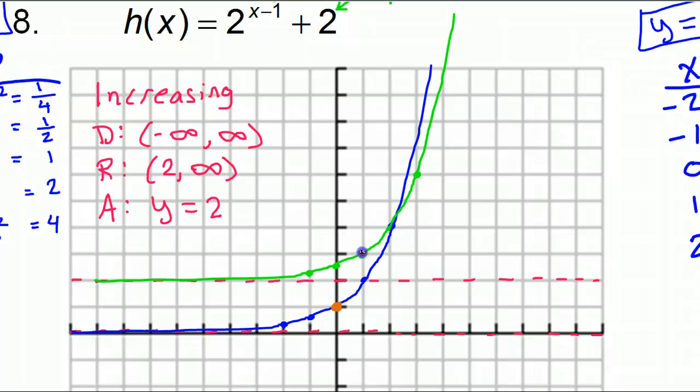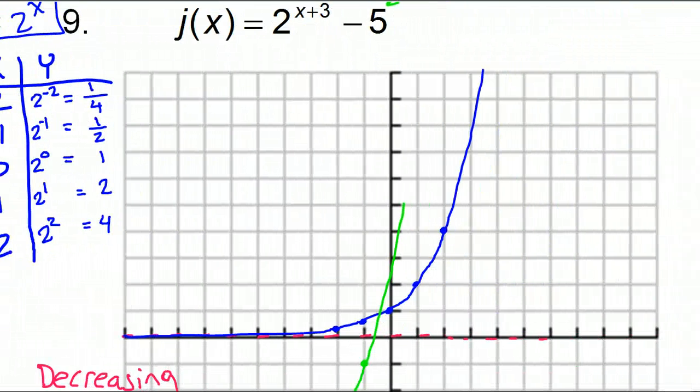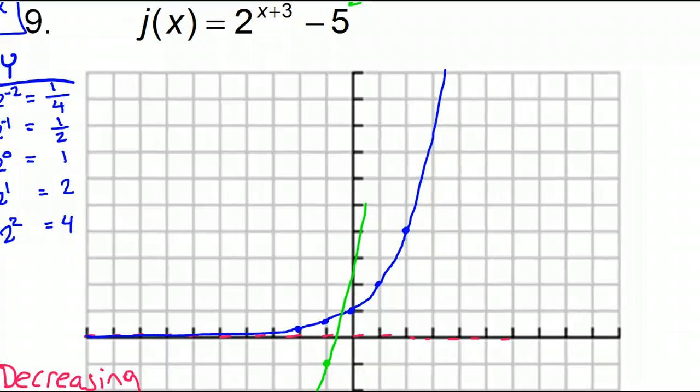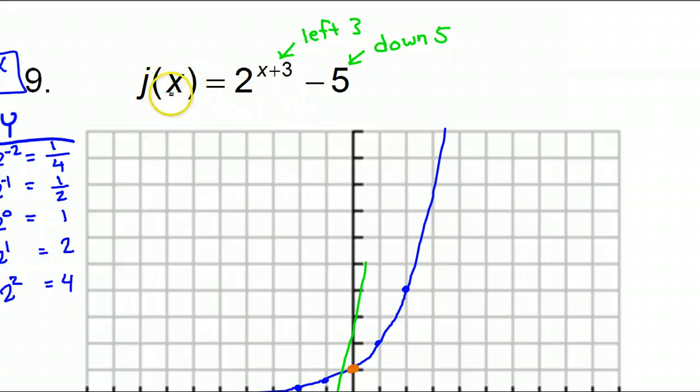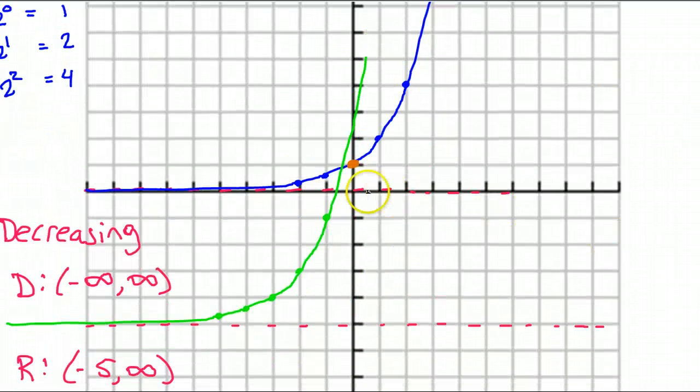So that point is now right here, at the point 1, 3. There it is. Now, let's do the same thing and see what happened in problem number 9, function j. Again, here's that y-intercept point. For this function, to get function j, we had to go left 3 and down 5. So this point right here went left 3 and down 5.